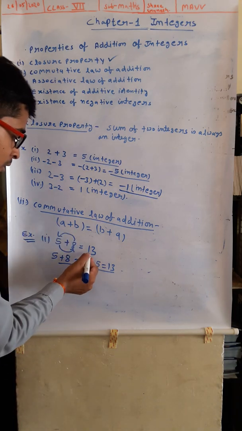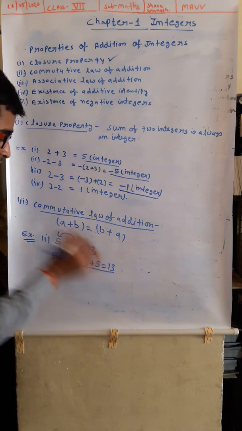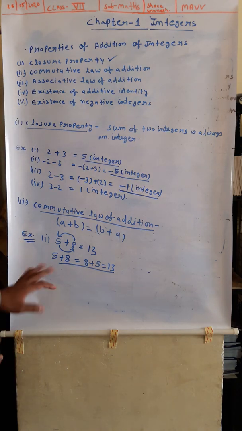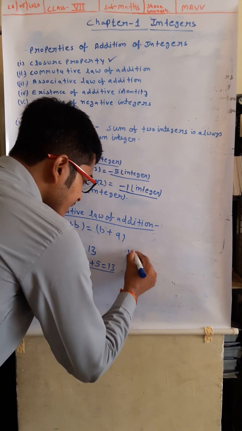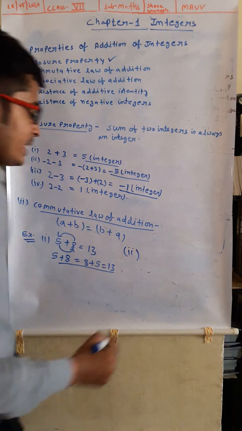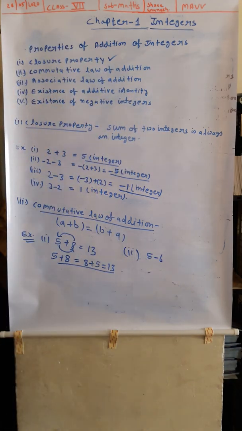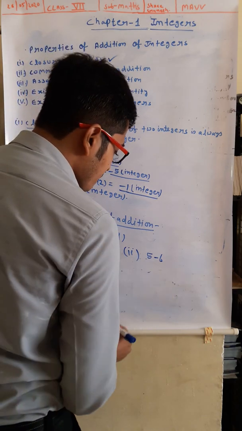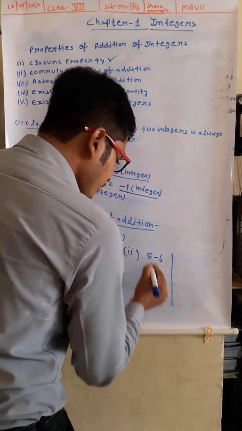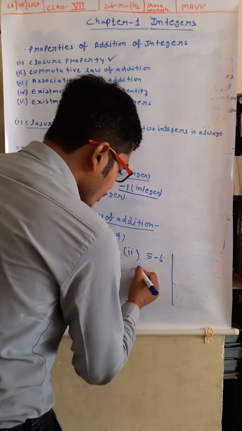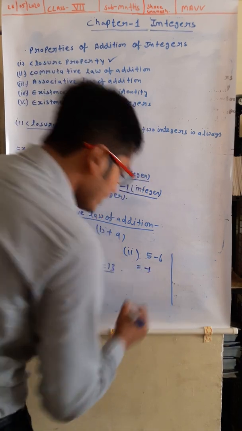Okay, anyhow you are going to get an integer. Understand? This is the first example. The second example is if you write 5 minus 6, you will get minus 1.